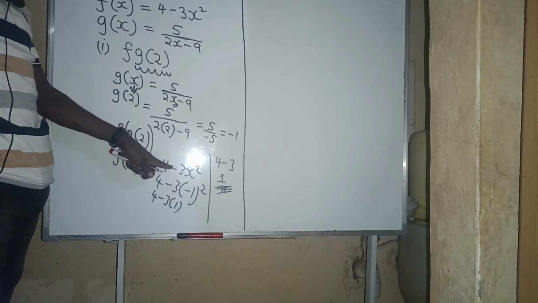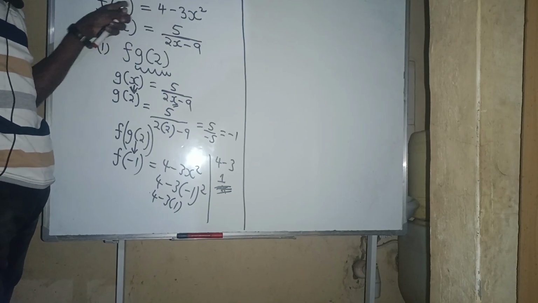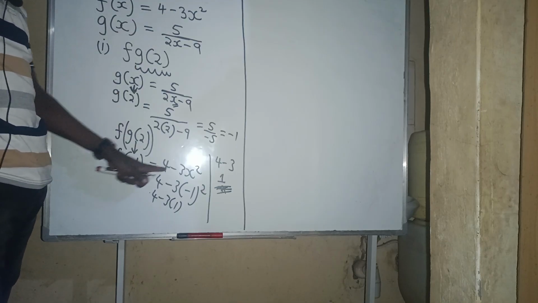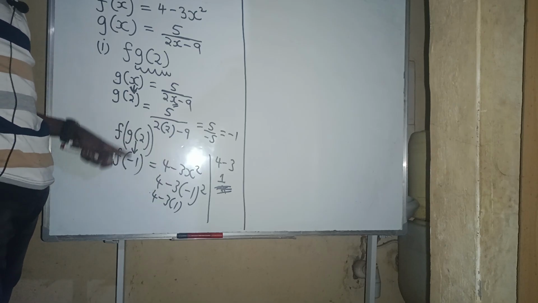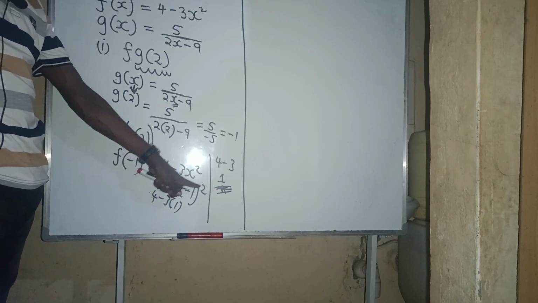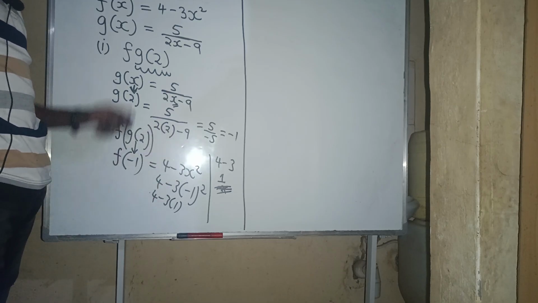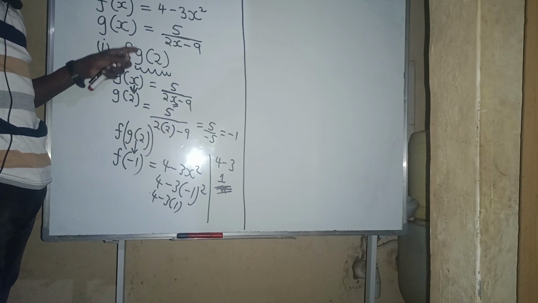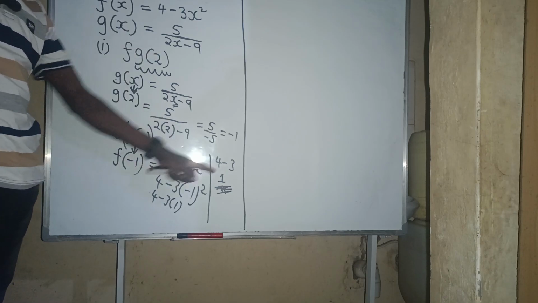So 4 minus 3 times negative 1, the value of g(2), squared and multiplied by 3 and subtracted from 4. I'm going to get 1 as my answer. So fg(2), where the value of x in the function g is 2, is going to be 1 as our answer.